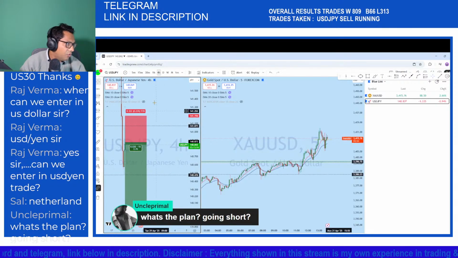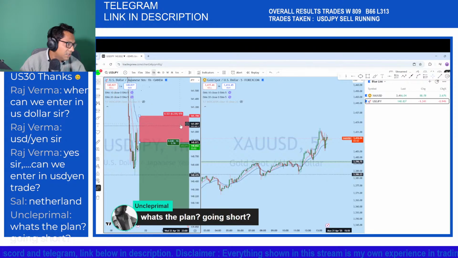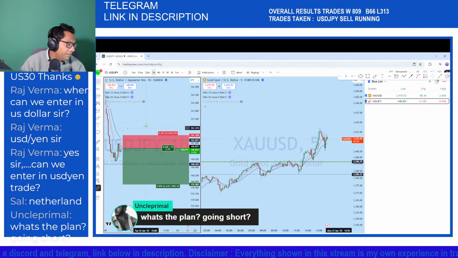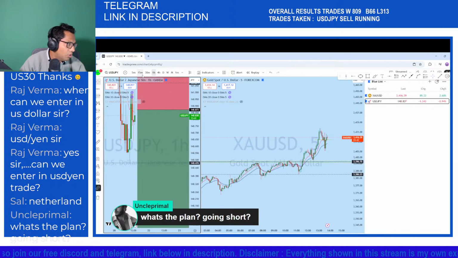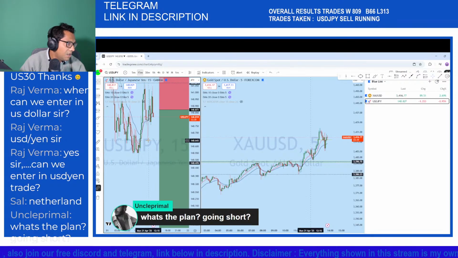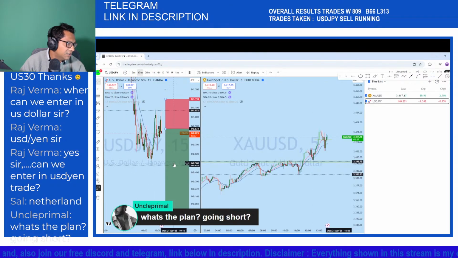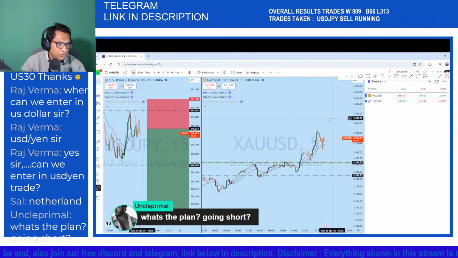Looking at the 4 hour, and you can see from the 1 hour as well, there is a long wick. And if this 1 hour closes as potentially a doji, you can expect this market to drop down further. We can see the market is currently in that direction, which is where you can see the trend.